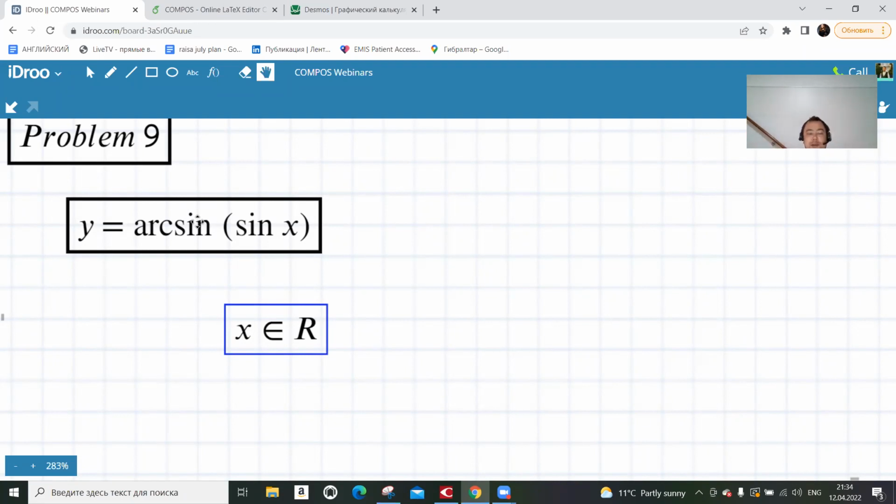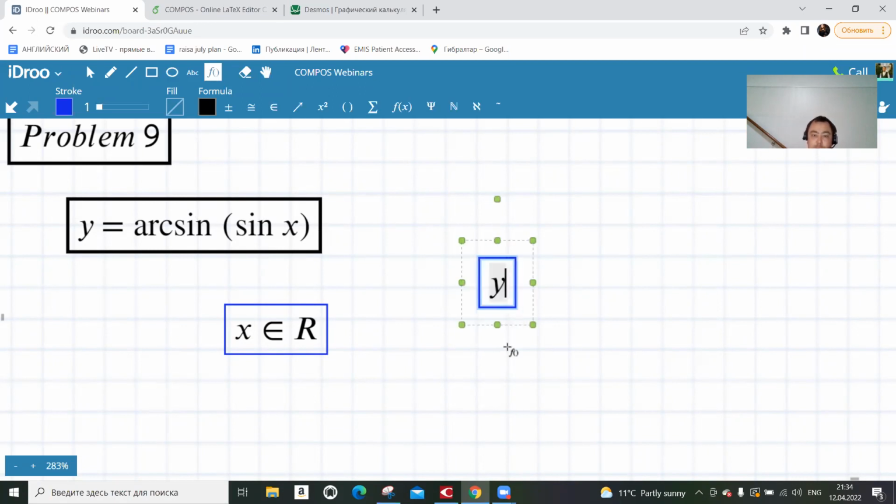Of course, you can sketch it quickly on Desmos to see what it's going to be. So the range: y is between minus pi/2 and pi/2.